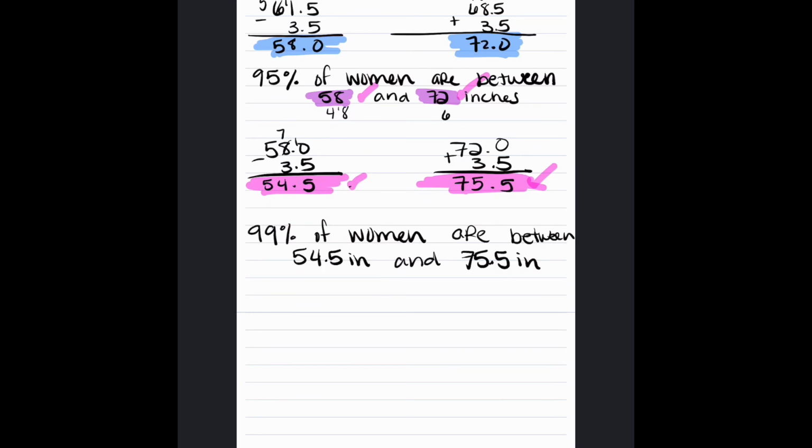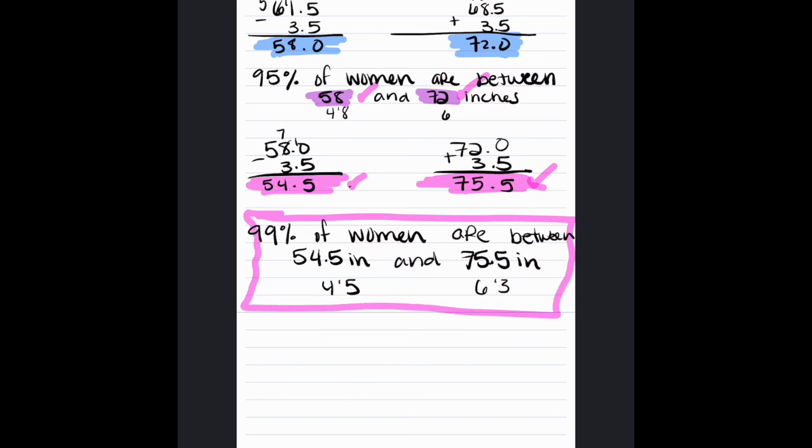Let's go ahead and figure out what that is in feet. So I'm going to divide by 12. This is 4 feet 5 inches, and 75 divided by 12 is about 6 feet 3 inches. So this says here that 99% of the women surveyed are going to be between 4'5" and 6'3".